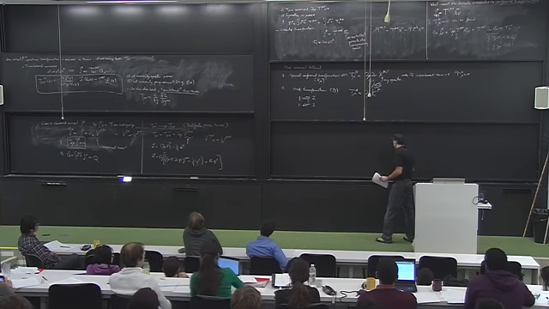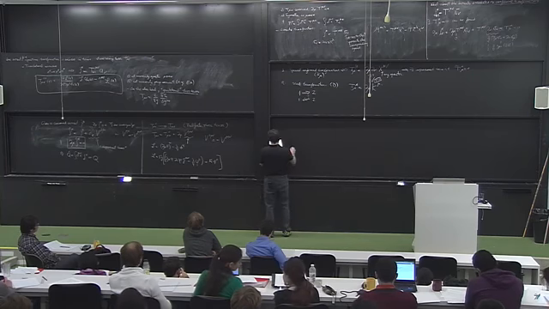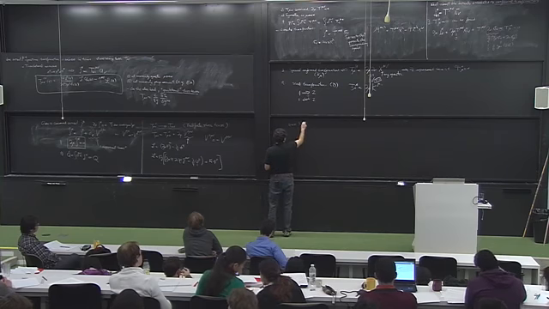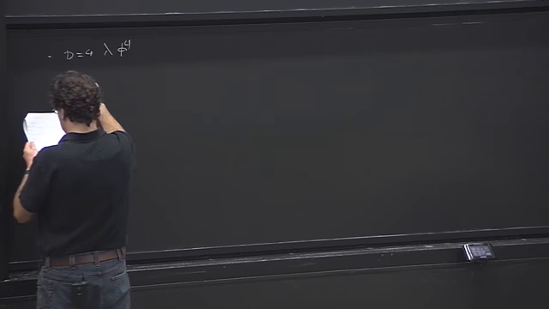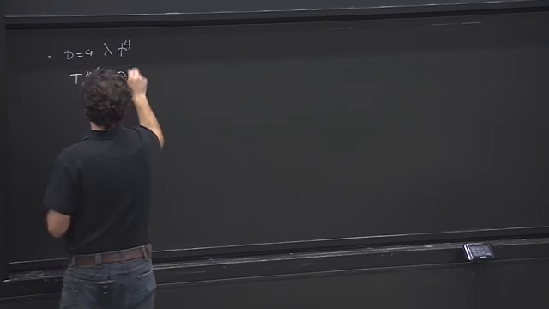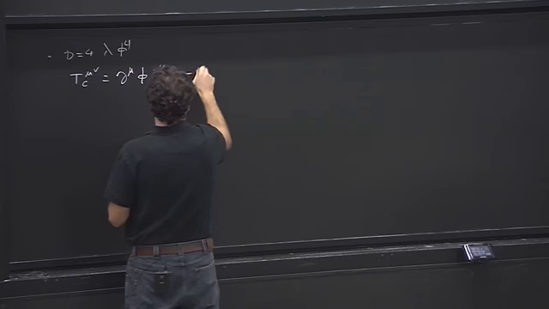Let's consider the stress tensor for 4-dimensional lambda phi to the 4. Then the canonical stress tensor, which I'm pretty sure you must have computed at some point, is just this.